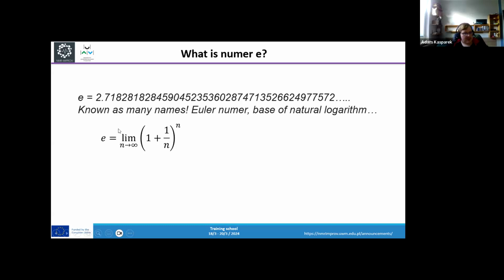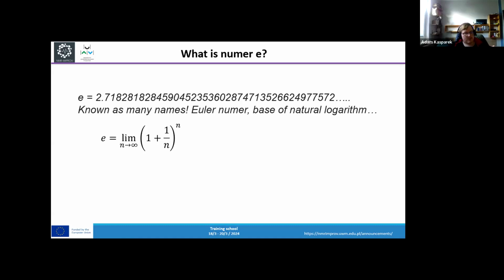the result of such an equation. Here, n goes to infinity. When we write something like that, we are saying that we are taking n as close to infinity as possible.